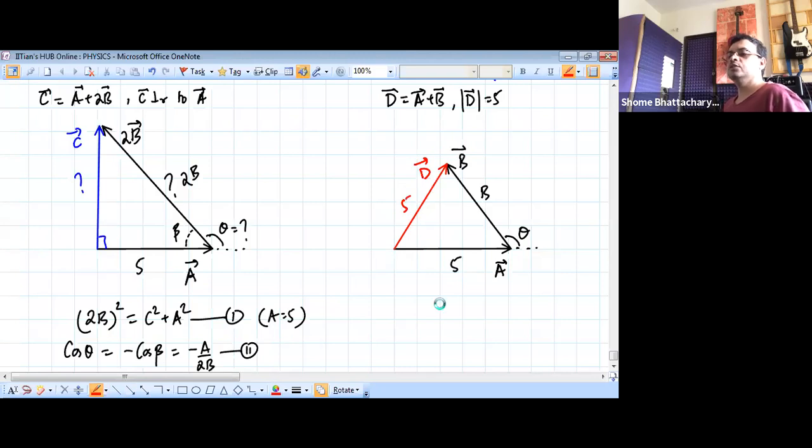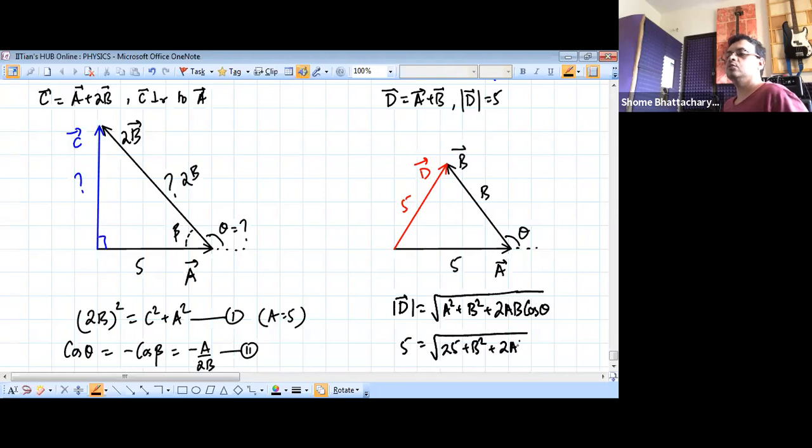So here what we can do is we can make use of the isosceles triangle here, but that doesn't help too much. What we'll have to do is we'll have to make use of the parallelogram law. Okay. So we'll make use of the law that magnitude of d is root of a square plus b square plus 2ab cos theta. Okay. So 5 is equal to square root of 25 plus b square plus 2ab.